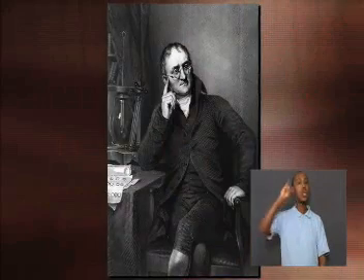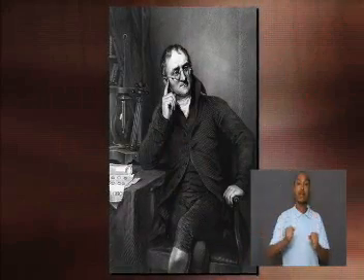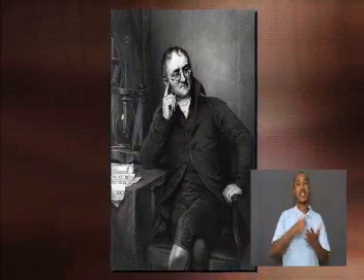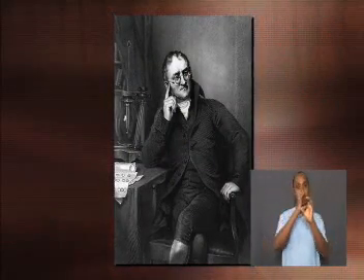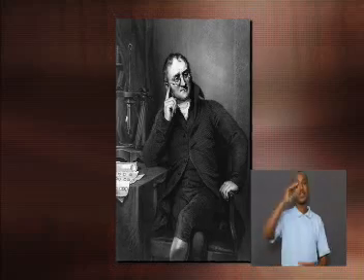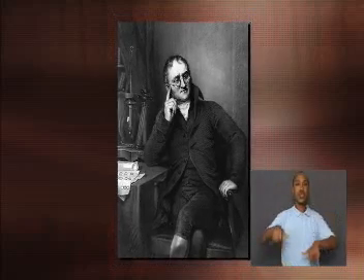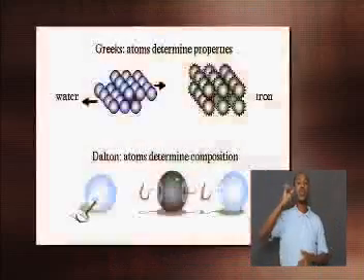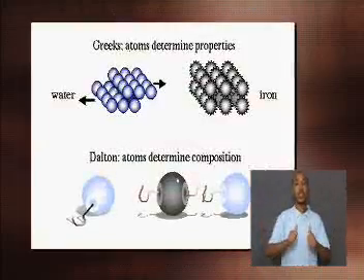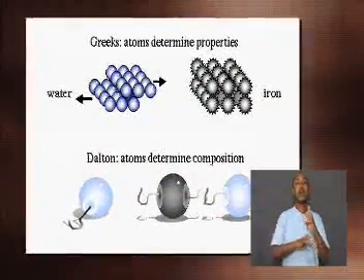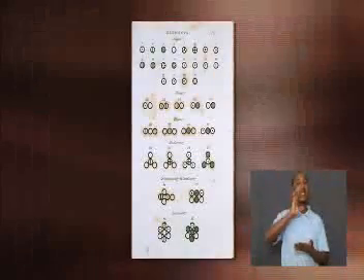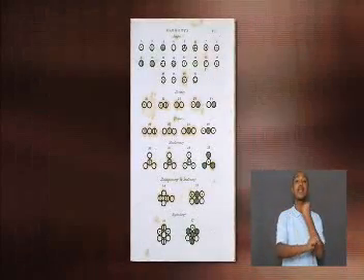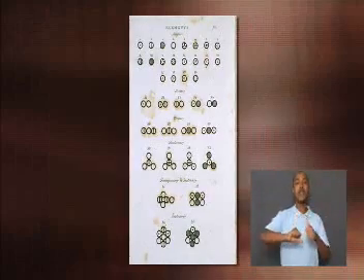John Dalton was able to expand on this theory using scientific experimentation. His greatest contribution was the theory of the atom, which was based on the laws of chemical combination. Dalton's studies became the basis for the modern atomic theory.